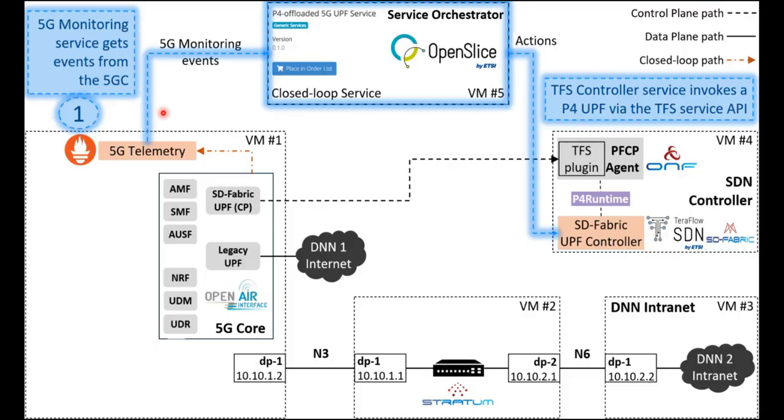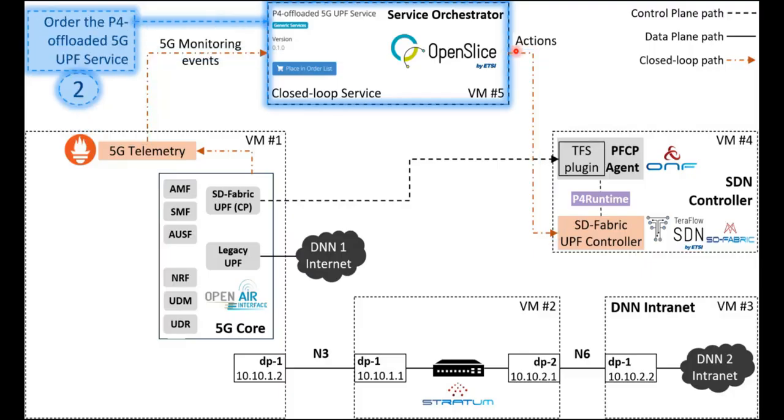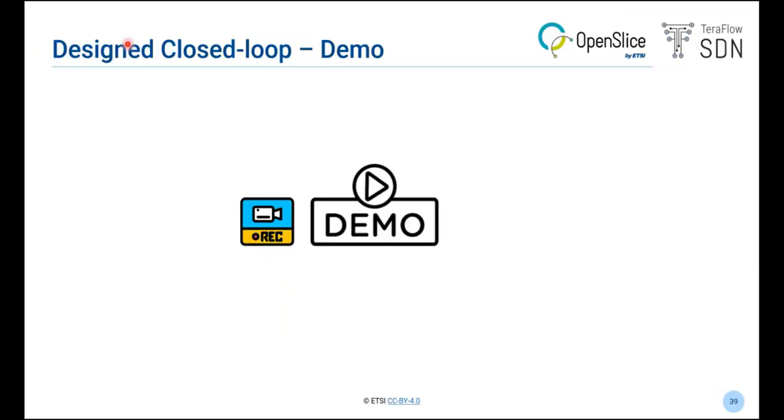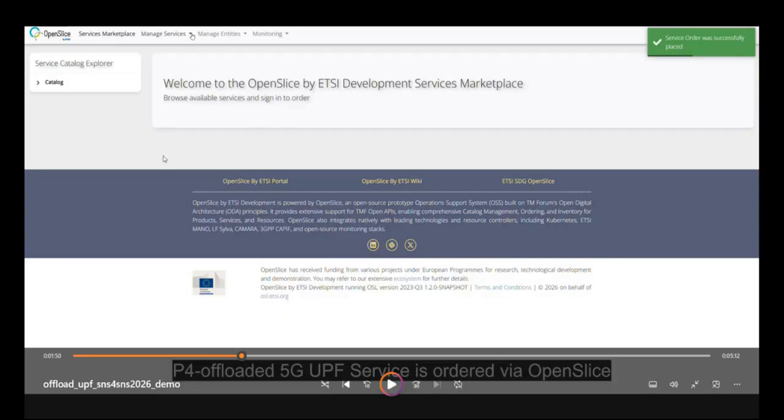And then once we are able to stream those metrics into the OpenSlice service, we bundle this service with another one which actuates and calls TFS on the other side to instantiate the UPF. So once we order this service, all the necessary components are brought up, OpenSlice establishes bindings with Prometheus to pull the metrics and is ready, when the thresholds are triggered, to actually call TFS as well. So let's now go to the second phase of the demo.